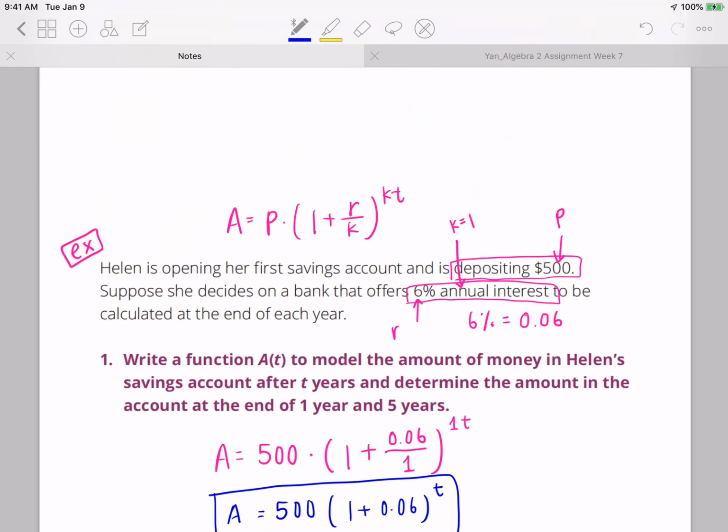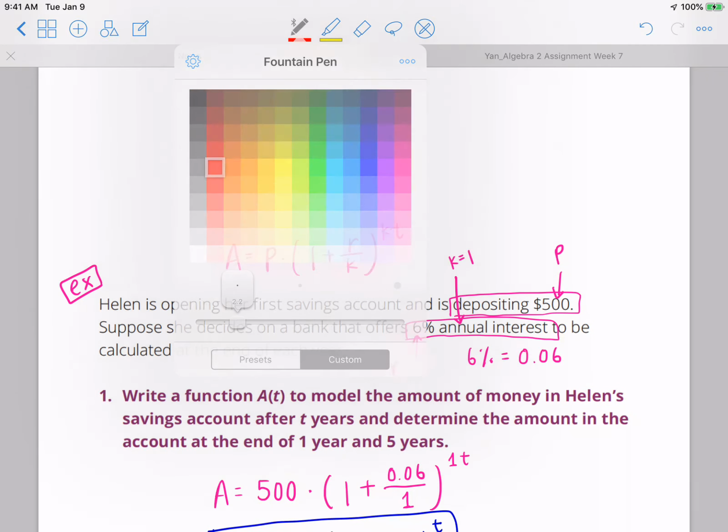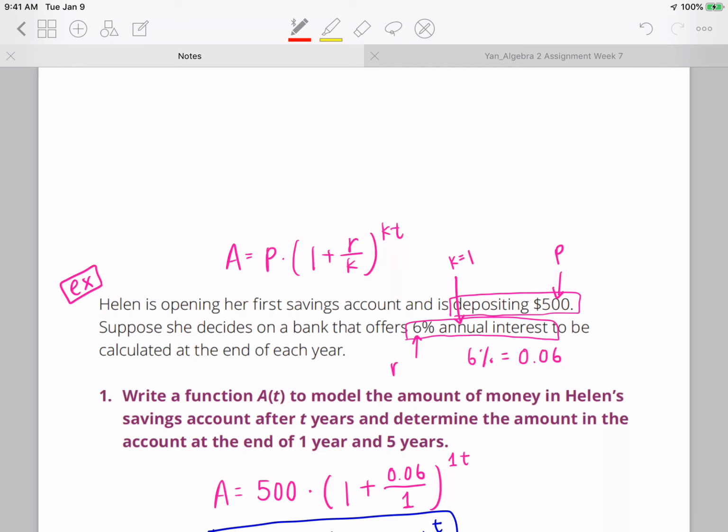So I hope this makes sense. For those of you who want to understand where this formula comes from, remember P is your original amount, and 1 is always the original amount. No matter what, you still have this original amount, and you're adding on an interest.